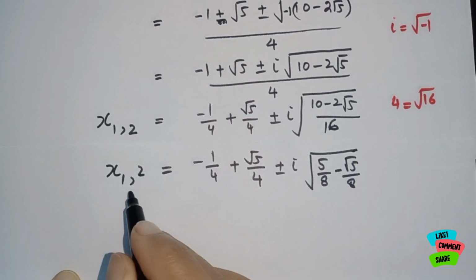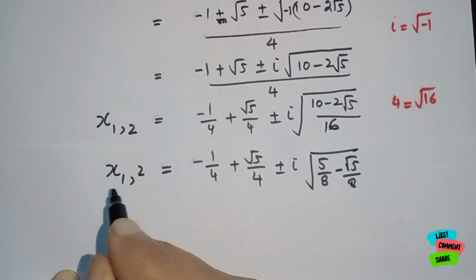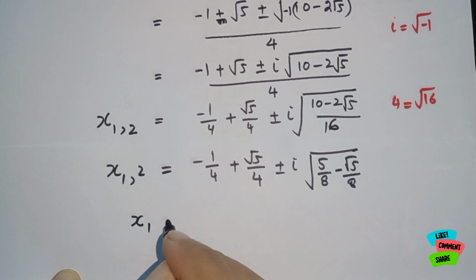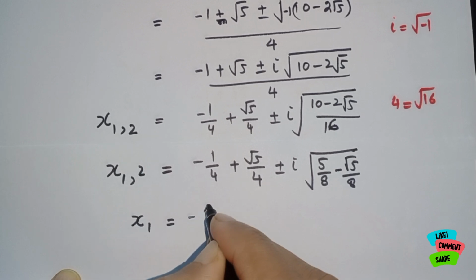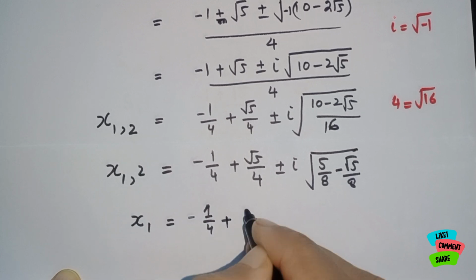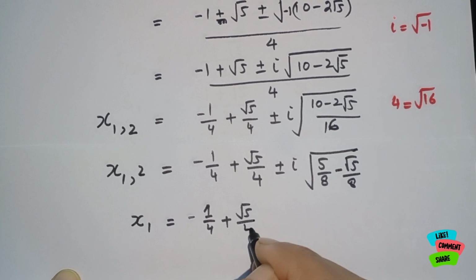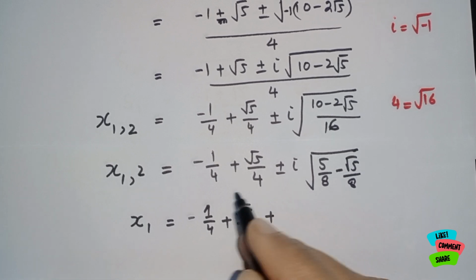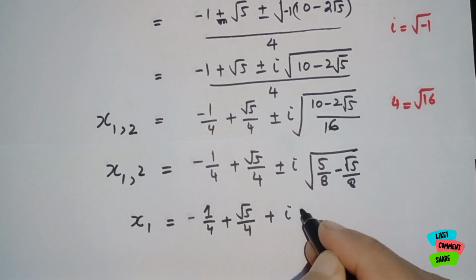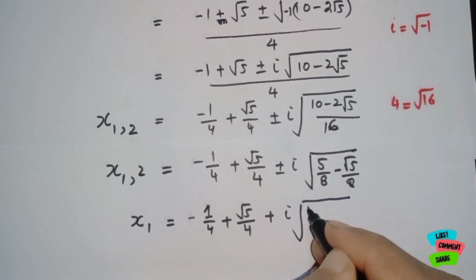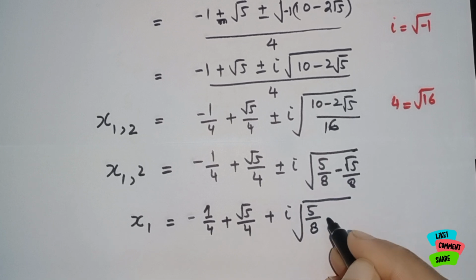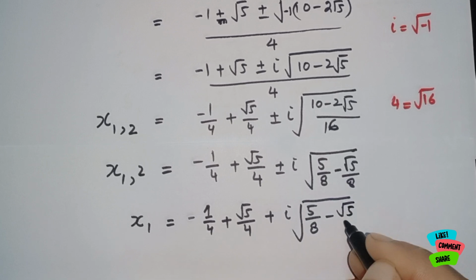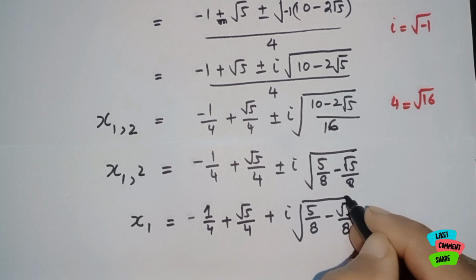So from here we will get two roots of x. For x1 is equal to minus 1 over 4 plus square root 5 over 4. Here for first root we will take plus sign, i 5 over 8 minus square root 5 over 8.